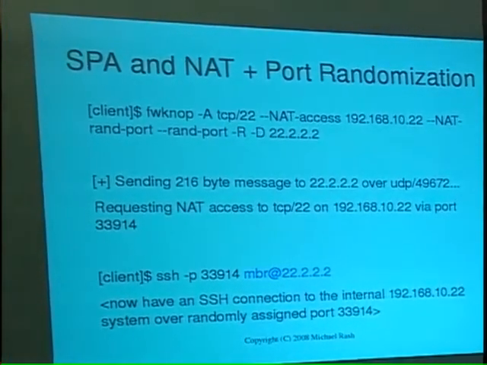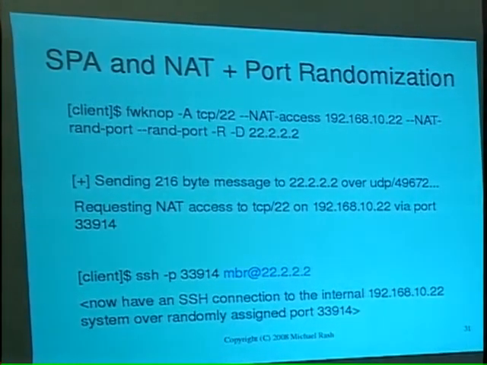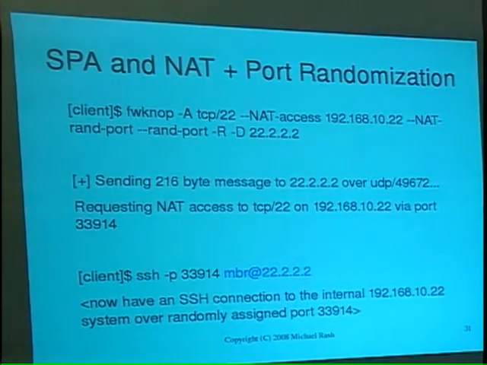So, just a slide on what I mean here. Here's the top command line that you should use with fwknop. Let's assume I'm on a routable network somewhere. I want access to this internal 192.168.10.22 server. In particular, I want access to SSH on that server. But I'm going to randomize both the destination port for the SPA packet as well as the port that I want to connect to SSH over.